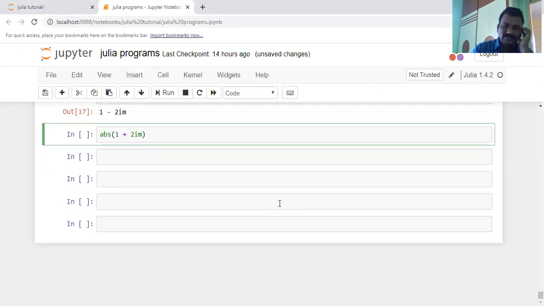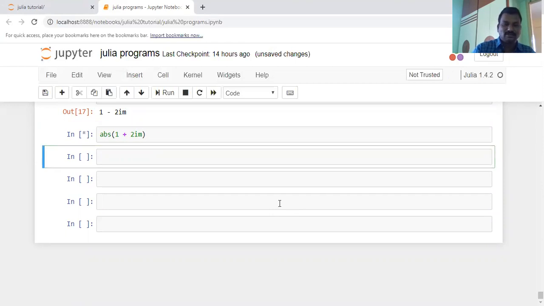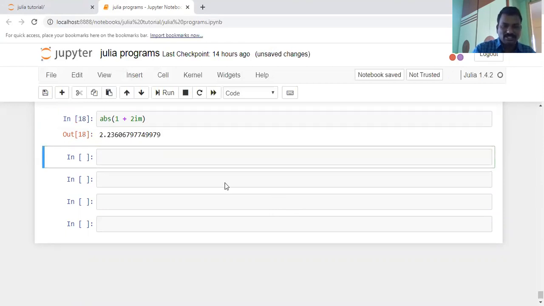Let us take a simple example for the absolute value. Absolute of minus 5 equals 5. Absolute value of minus 5 and of 5 are treated as the same.